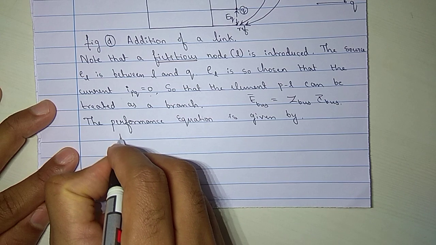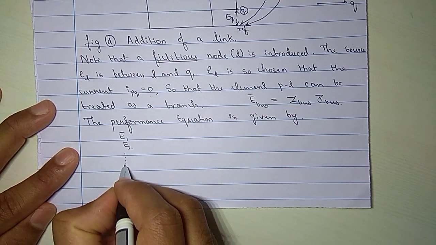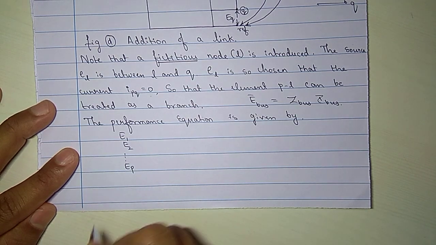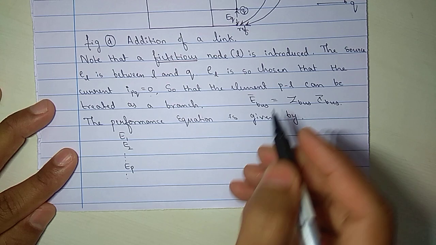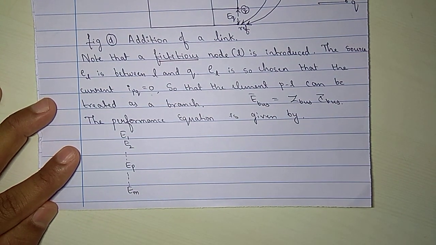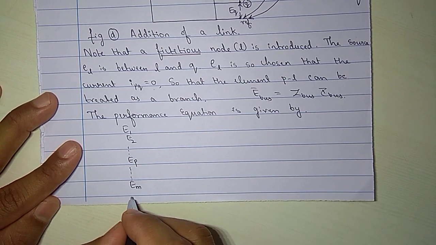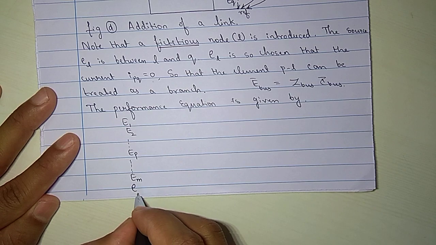So I'll be writing here E1, E2 and so on, say some voltage at node P, but this E bus is having m number of buses, so I'll write till EM. But also we have added one voltage source E suffix L.